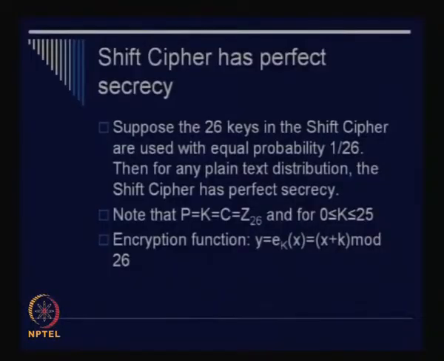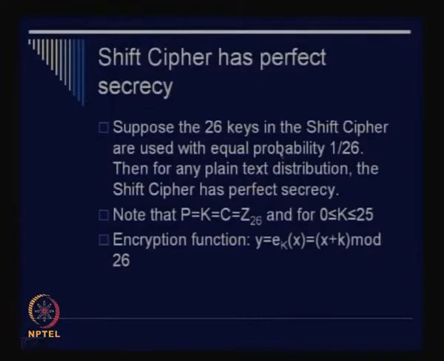So what we will try to see here is that if each possible mapping is chosen randomly, then the shift cipher achieves perfect secrecy. We will use our previous formulation to establish this fact. Suppose the 26 keys in the shift cipher are used with equal probability.